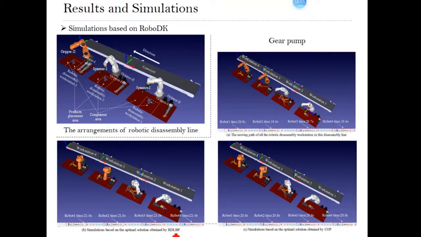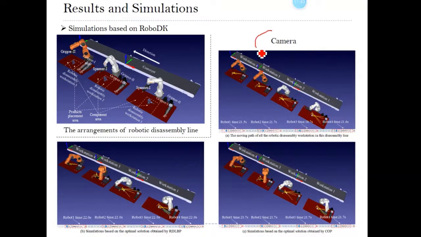If we use the optimal solutions obtained by the RDLBP, 21 seconds multiply the 10 equals 210 seconds, right? If we use the optimal solutions of the COP problems to disassemble the 10 gear pumps, we will take 208 seconds. So 2 seconds are optimized for the robotic disassembly line.